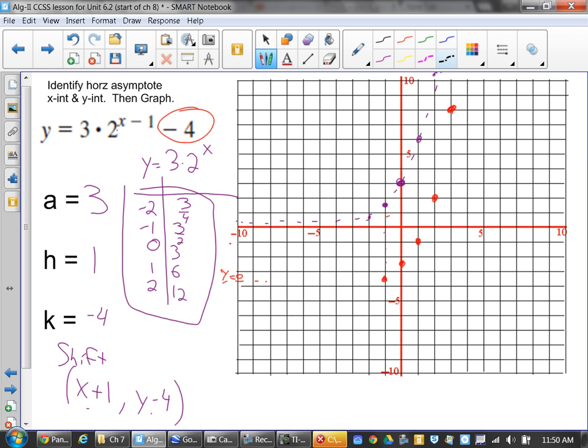It's always counterintuitive what you want it to be because math is stupid and they didn't label things the normal way. Your horizontal asymptote deals with the y values. The y value has been shifted downward 4, therefore your horizontal asymptote gets shifted downward 4. So your new asymptote is at y equals negative 4.